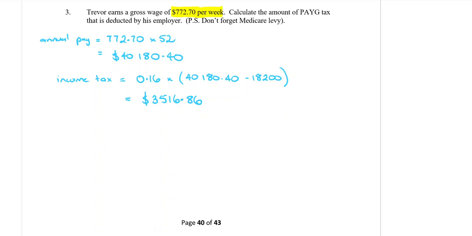$3,516.86. Okay, we also want the Medicare levy. So Medicare is always 2%, so 2 over 100, times by the annual pay, which is $40,180.40. That is $803.61.